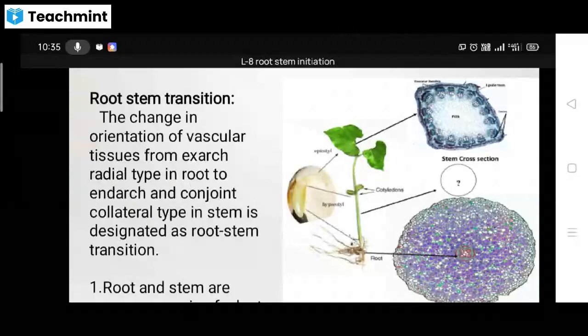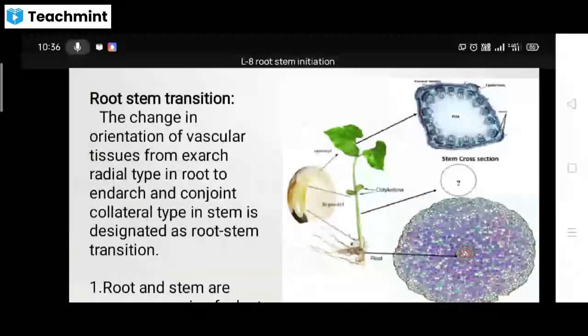As you know, the anatomical structures in seeds, after seed germination, form two regions, that is epicotyl and hypocotyl. Whenever a seed germinates, there are two parts. The radicle and the plumule come out through the seed, and they form the stem and roots.